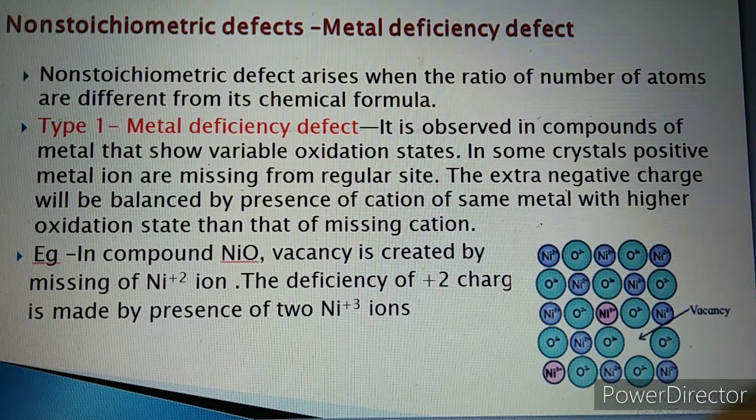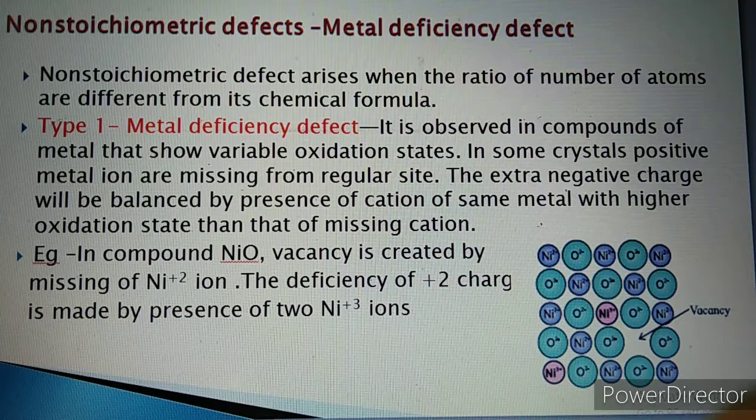Just now we discussed the stoichiometric defect. In stoichiometric defect, the ratio of number of cations and anions remains the same as in its chemical formula. But in non-stoichiometric defect, when the ratio of number of atoms is different from its chemical formula, then that defect is called a non-stoichiometric defect.